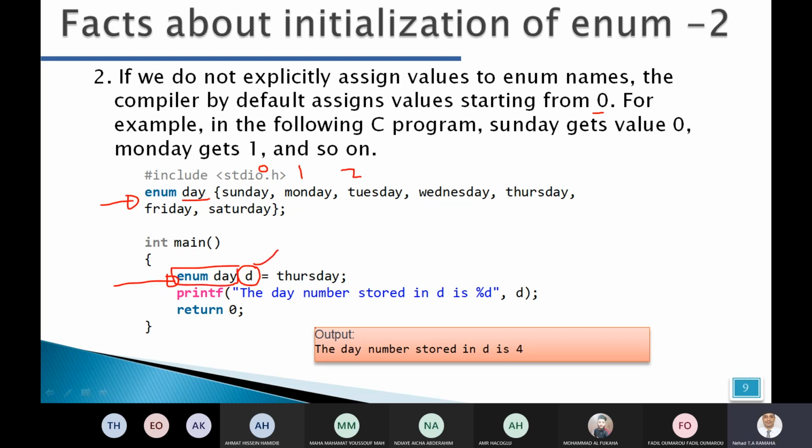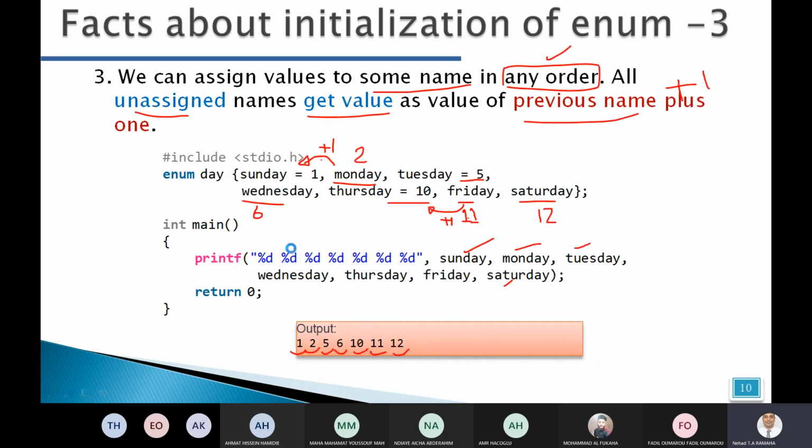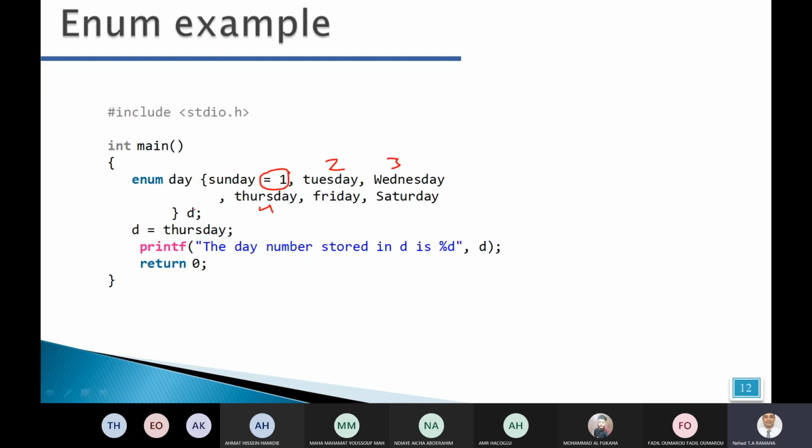We define variable or object D on two separate lines. Here in this example, if you look at D, we defined it directly after the enum. So actually it's similar. Here we are defining variable D.